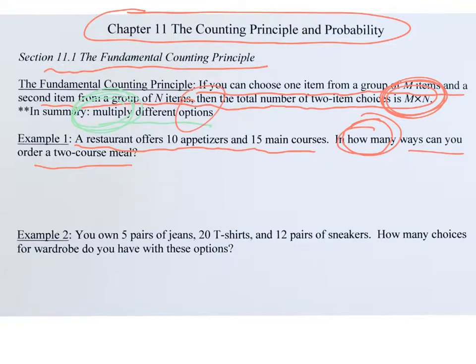So let's see, for appetizers, you have 10 choices to choose from, times main courses, you have 15 to choose from. And sometimes you might see some extra information you do not need. So yes, it is a 2-course meal, but who cares? That does not involve how many choices, how many options we have. So I've X'd out, you can ignore the 2-course part.